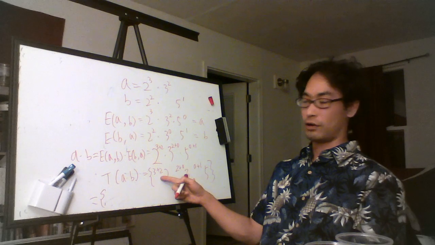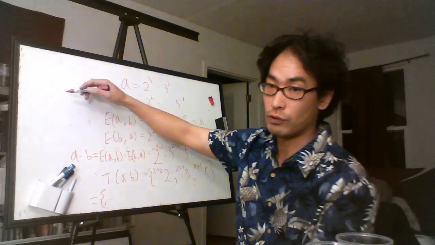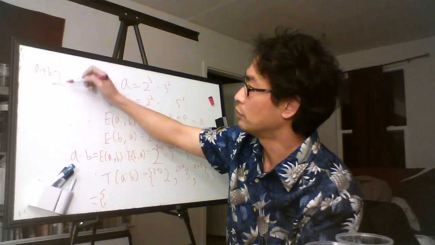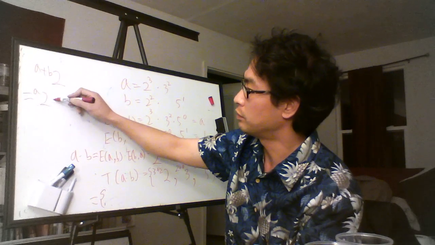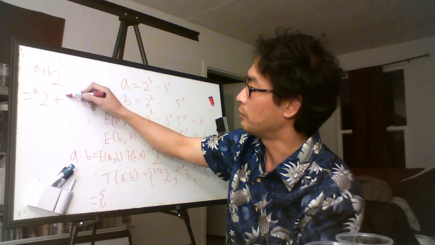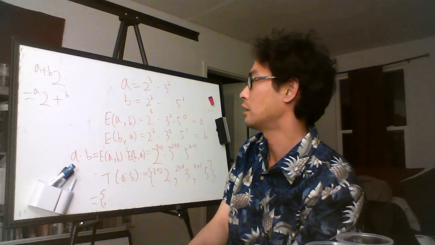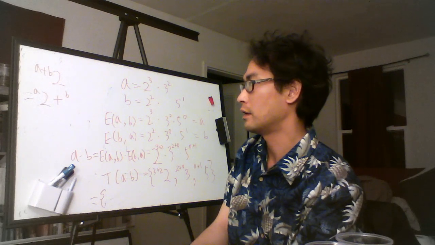How many twos are there? Yeah, five of them. So basically what we are saying is a plus b of two is equal to a twos plus b twos. Wait. No.